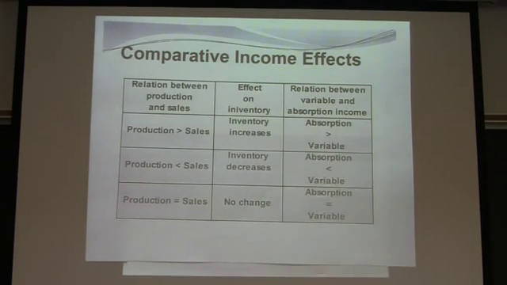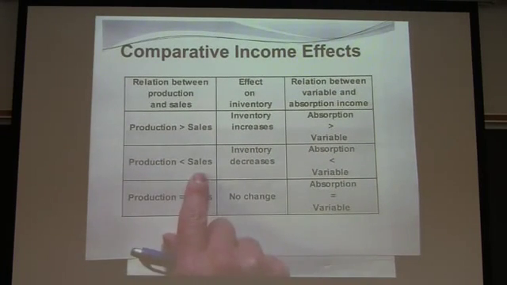And that means that absorption income is going to be greater than variable income. Why? Because remember, all fixed costs under variable costing will be expensed, irrespective of whether we overproduce or underproduce in the current year. Whereas absorption costing, some of that fixed cost will be capitalized as part of the per unit cost that will be included in ending inventory. So that's why absorption costing is going to generate much higher income than variable costing.